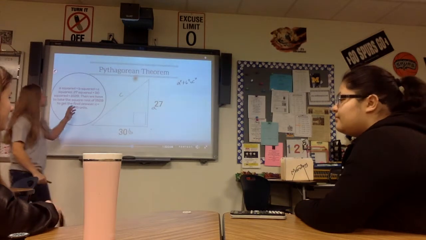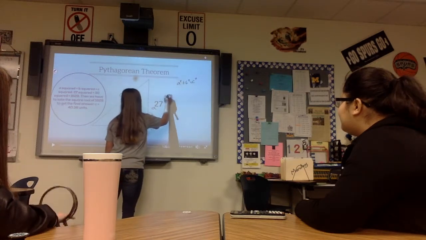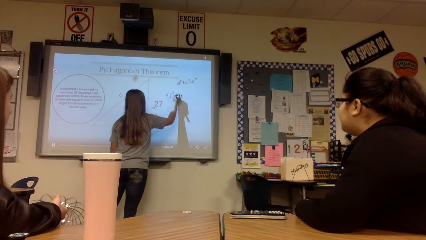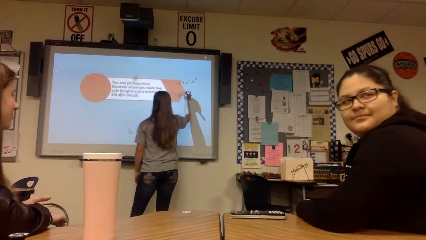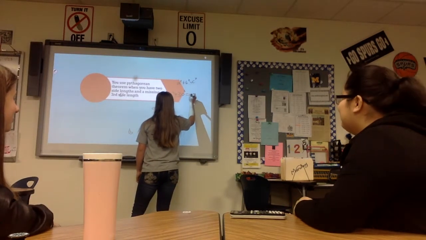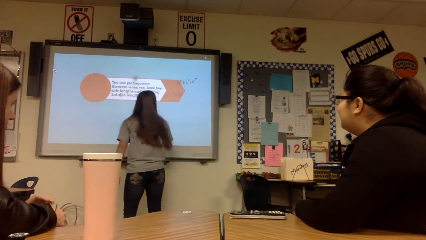So we're going to put 27 squared plus 30 squared equals C squared. We're going to put the C on the other side.